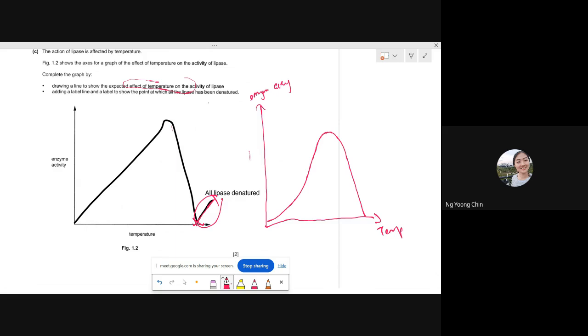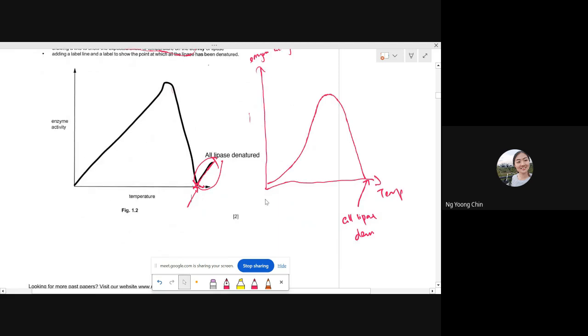Adding a label line to show the point where the lipase has been denatured. Maybe you can draw it in this way, like this, this point. Because if you draw it in this way, I worry the examiner might be confused. Your concept is correct, just the way of answering, okay?